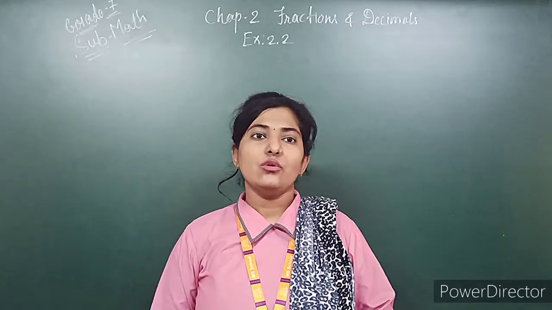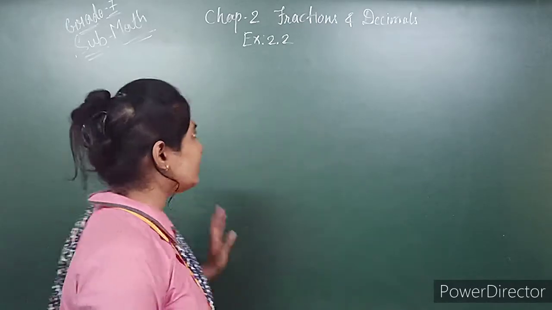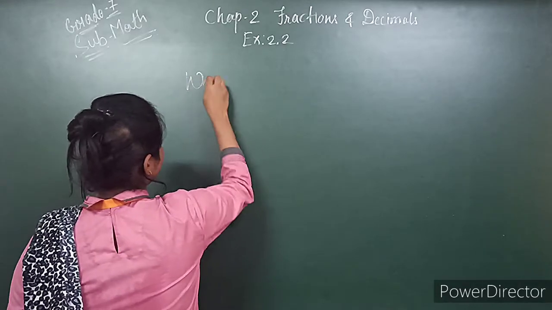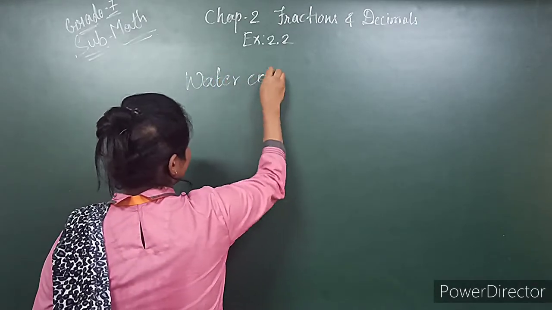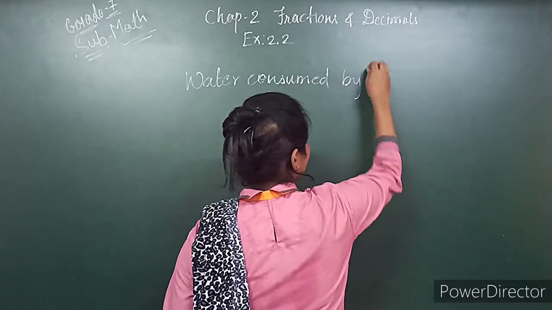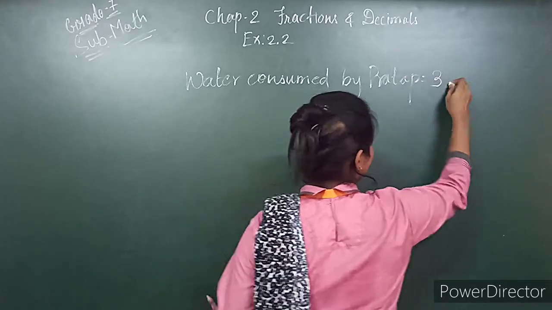Next question is, what fraction of water did Pratap drink? So here we have to find out the fraction. We got that water consumed by Pratap is equal to 3 liters.